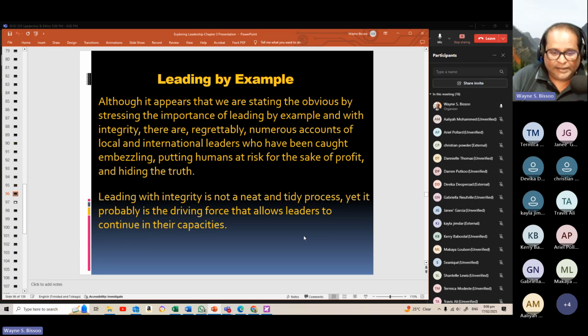Okay, leading with integrity is not nice and neat and tidy. It is going to be a difficult process because people are going to challenge you. Consider if you end up in a position of political power, the kind of pressure you're likely to face, both from the local environment as well as the international environment, to do certain things to provide advantages for other individuals, and the rewards that they're willing to pay you in terms of what happens when you leave office.